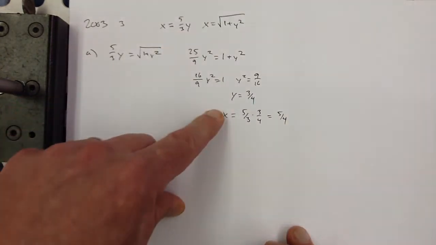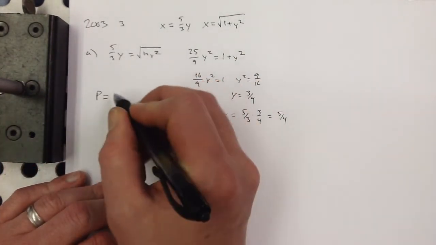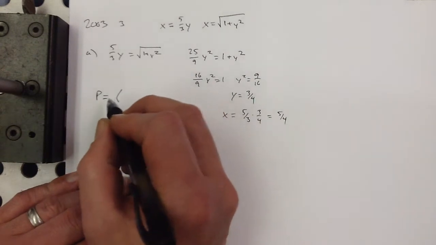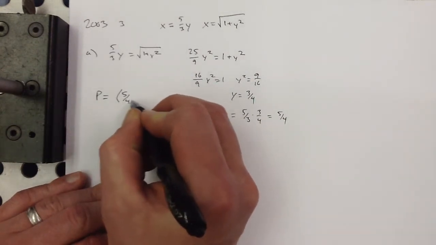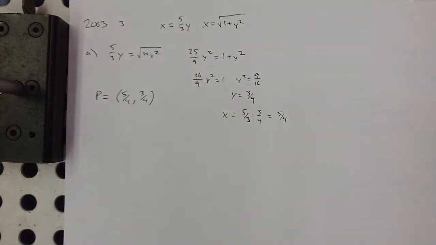You could do all this with your calculator, but it looks like the intersection point P is 5/4 as the x coordinate, comma 3/4 as the y coordinate.